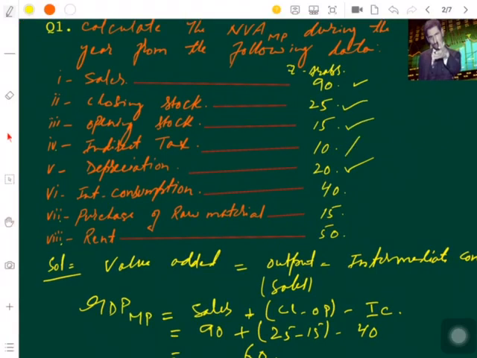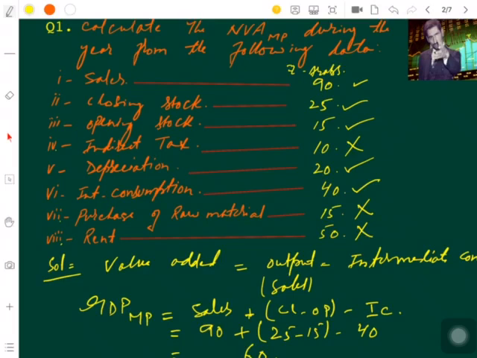Indirect taxes, we had to do nothing with it. According to our formula, it was not needed anywhere. Intermediate consumption, we used it. Purchase of raw materials, we don't have to, because intermediate consumption and purchase of raw materials, that means it is included in it. And rent, we don't have to do anything with it, so we didn't use it.